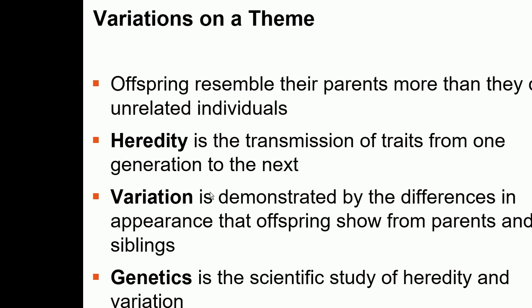Variation is a broader term which means the differences between different individuals in the population. But when we talk about variation in the family, it means the differences the children have from their parents. And genetics is the study of heredity and variation.